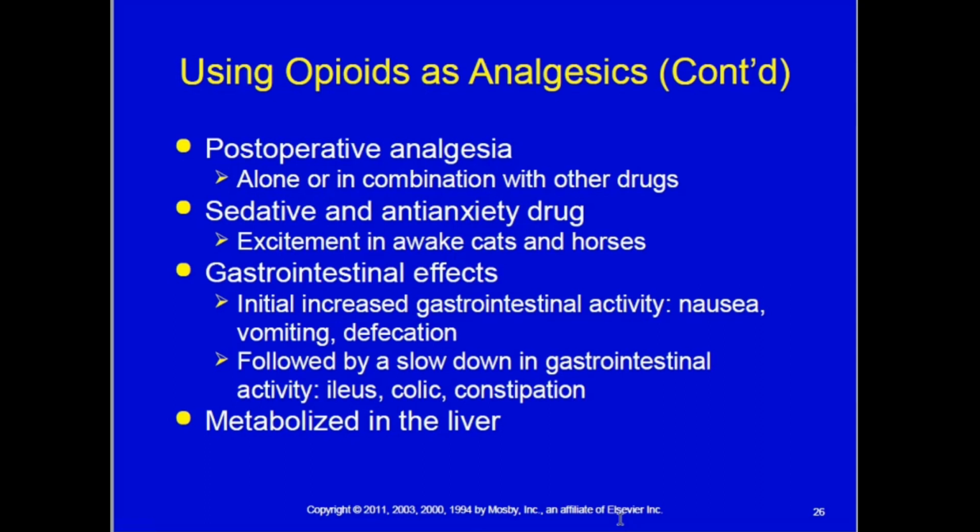All these opioids have gastrointestinal effects. They may cause nausea, vomiting, and constipation in the case of morphine. They may cause ileus and colic. And these drugs are mainly metabolized in the liver.